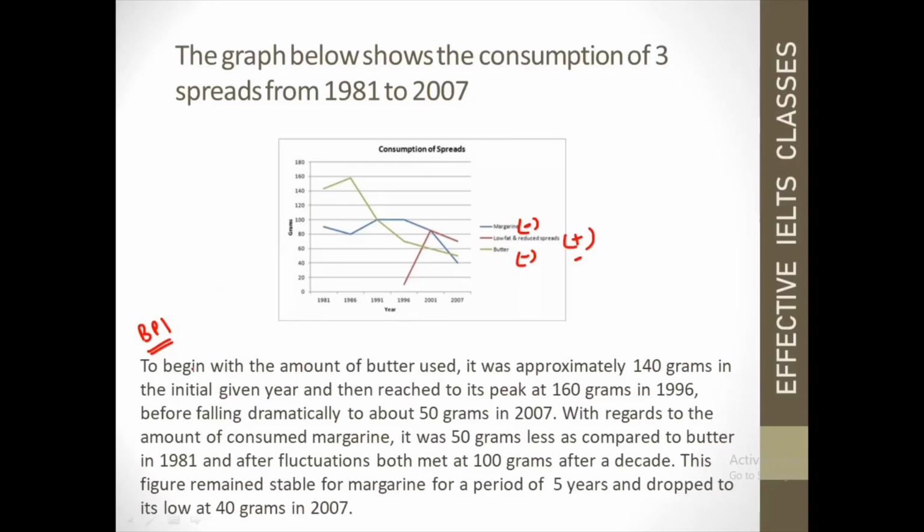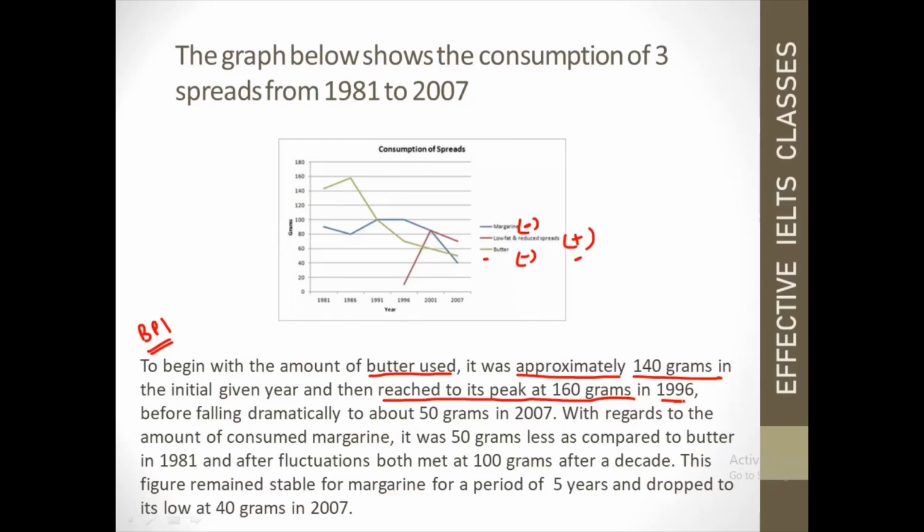Let's look at our BP1. First of all, we'll talk about butter. To begin with, the amount of butter used was approximately 140 grams in the initial given year. Since it is not exactly 140, that's why I have used approximately here, and then it reached its peak at 160 in 1996.